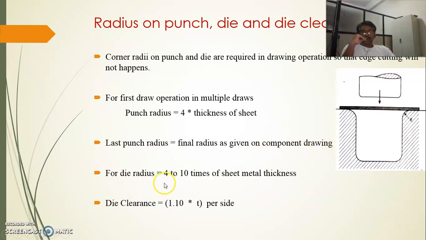For the die also the corner radius is required, and that will be 4 to 10 times the sheet metal thickness, and the die clearance, that is C, is nothing but 1.10 of the thickness per side. That means on both sides of the die you require to provide the C value, and that C value will be 1.10 of the thickness of the sheet.